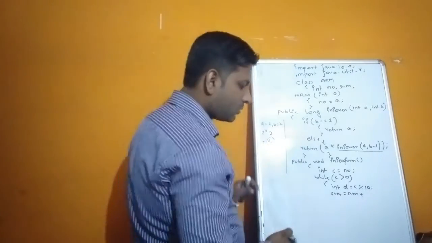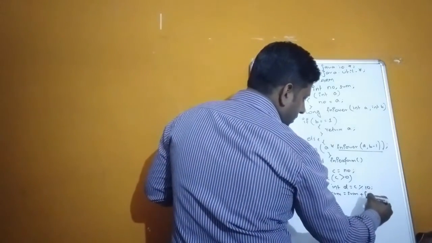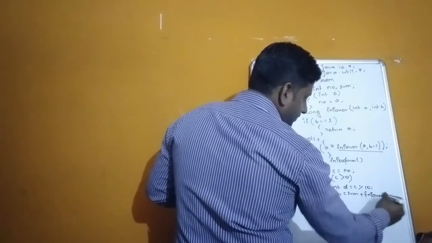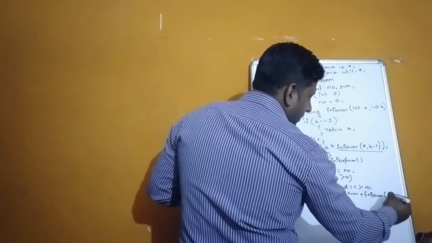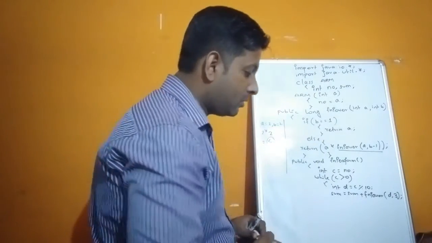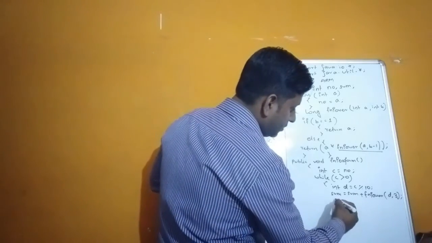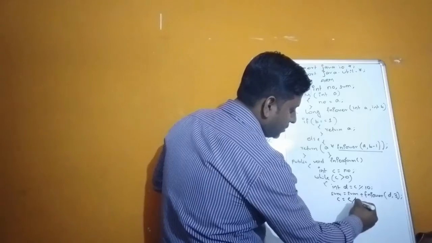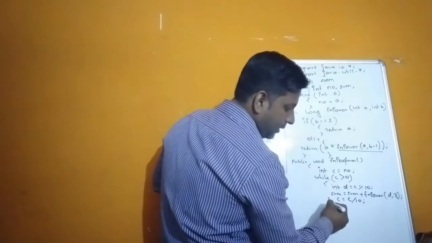So function power, the digit by 3. I'm just fixing here 3. Okay, now c will decrease with another number, so c divided by 10.